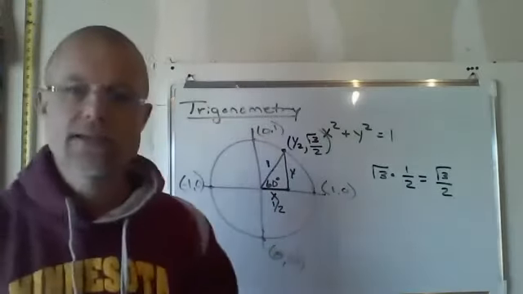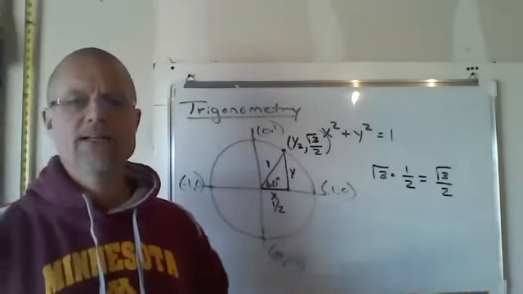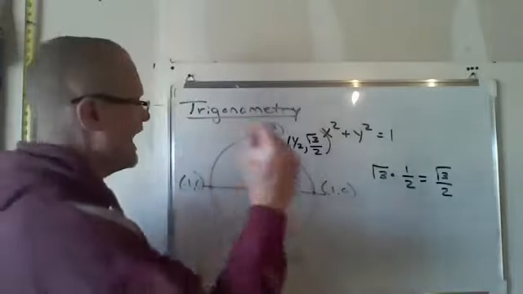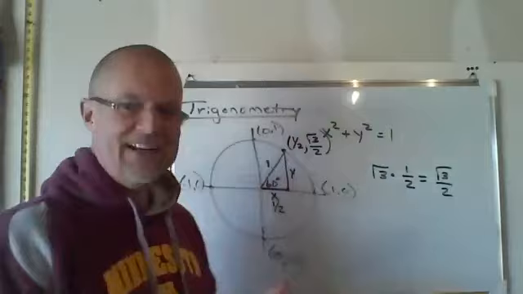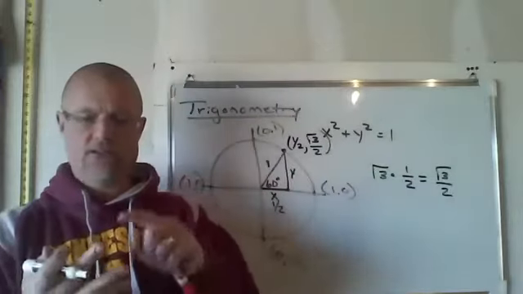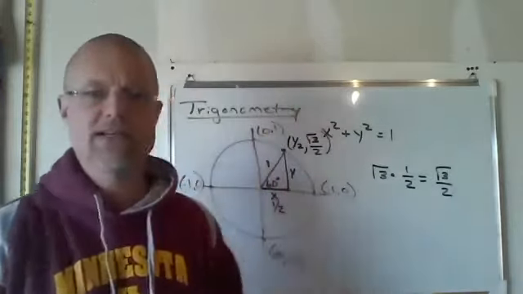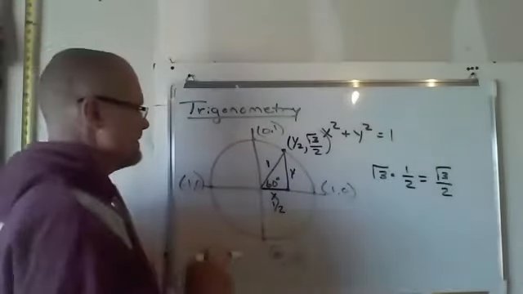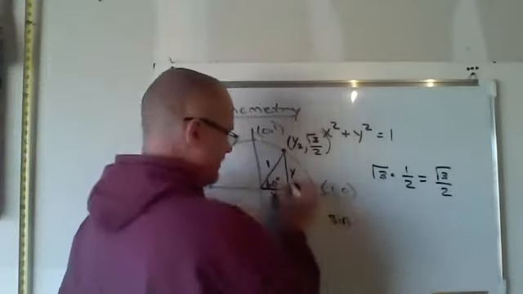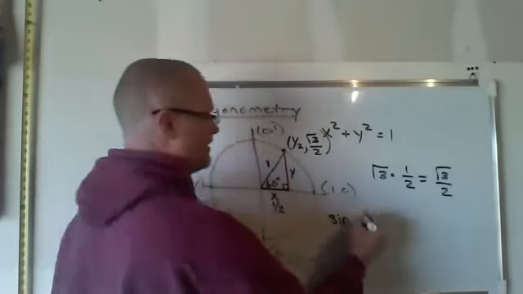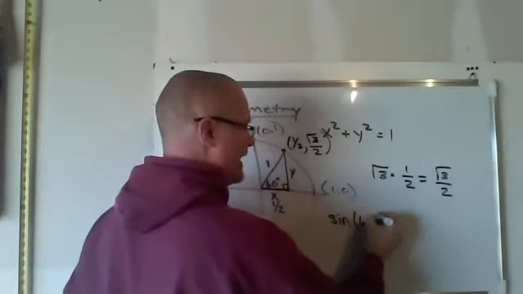If we remember back to our old days, we haven't said anything about sine, cosine, tangent yet. So let's do that. This is a right triangle, right? What's the sine of that 60-degree angle?